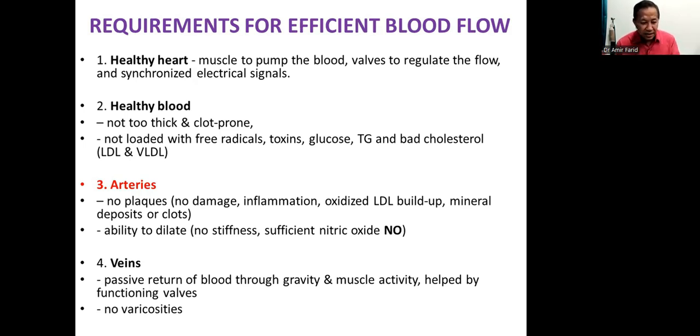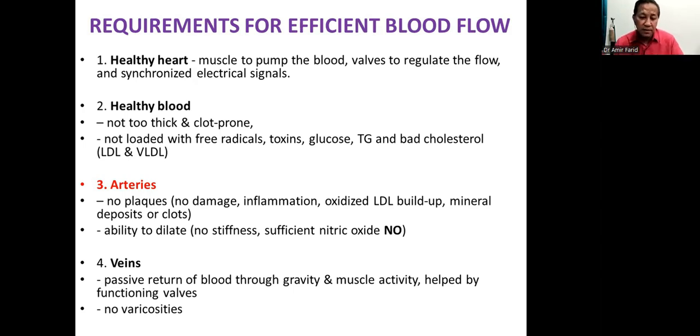Varicosities are dilated parts of the veins. Of course, when they are dilated, the valves will be leaking, and it means that the blood collects stagnant there, right? It's all ballooning up. So these are the basic requirements.